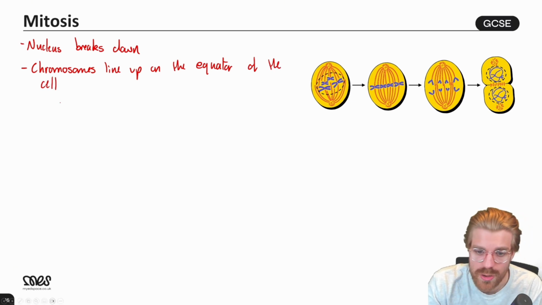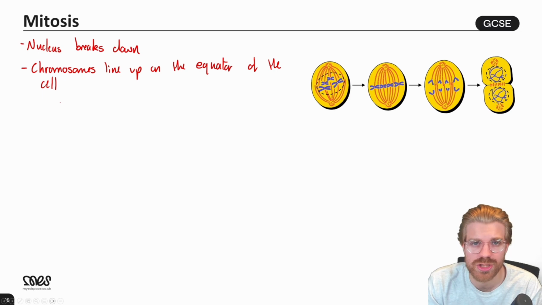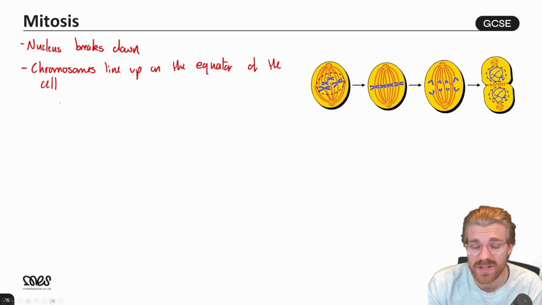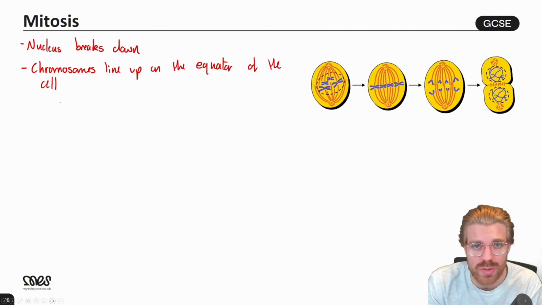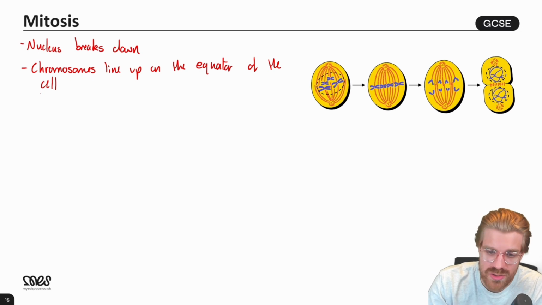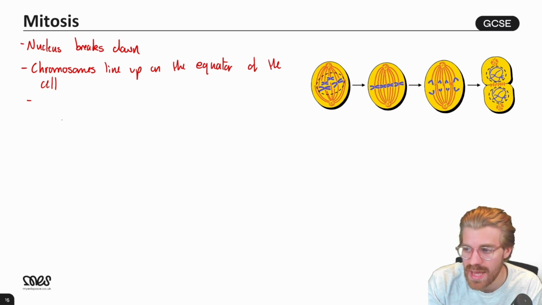Now, the chromosomes, these are the coiled structures of the DNA. For example, in humans, we have 23 pairs of chromosomes, or 46 in total. Once these chromosomes line up on the equator of the cell, the chromosomes are then pulled apart.